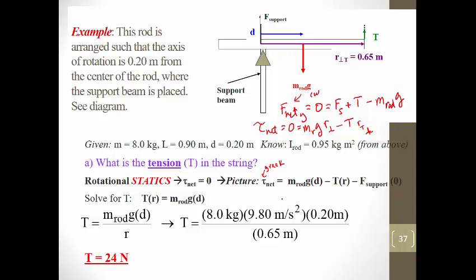So that means that I know that these add up to 0, and so I can calculate the tension in my rod. Oh, look at that. It's a problem from the first part of chapter 8.